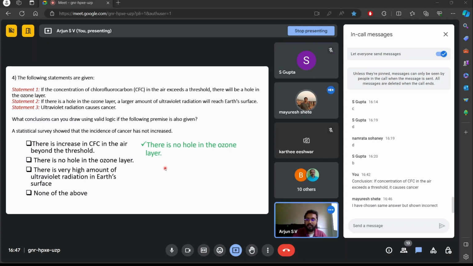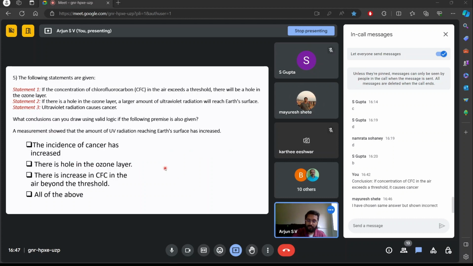Cool. I'll move on to the fifth question. Once again, the same exact three statements are given, but the premise is changing this time, which says that a measurement showed that the amount of UV radiation reaching Earth's surface has increased. So this question is just modus ponens.